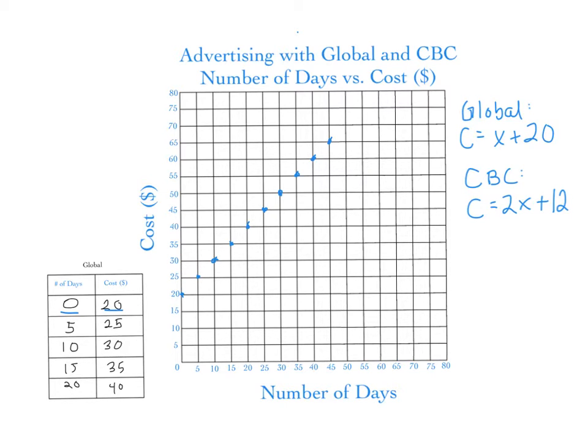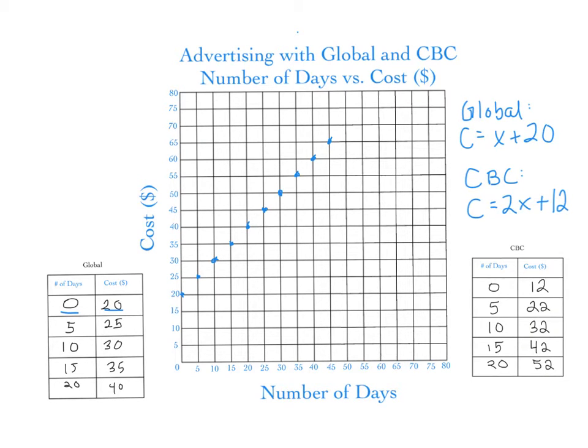And then my next one is for CBC, and that equation is 2x plus 12. I'm going to use my table of values for that as well. So my first point is going to be 0 and 12. So I can put that on my graph here.